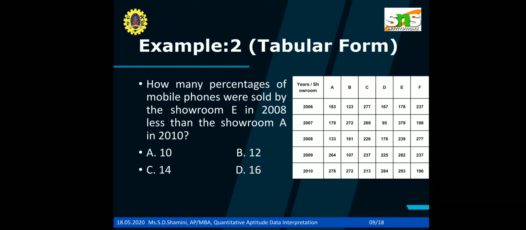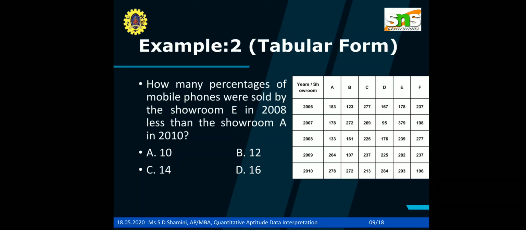Okay, so for this, first you have to calculate the total number of mobile phones that were sold by E in 2008, which is 239. Next, the total number of mobile phones that were sold by A in 2010 is 278.